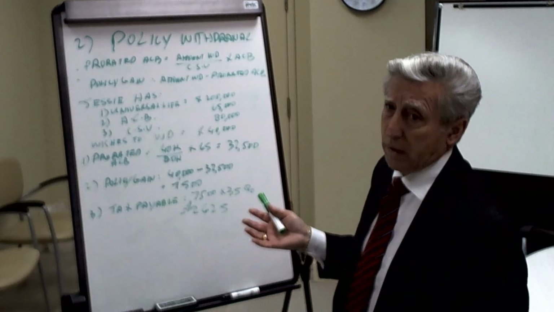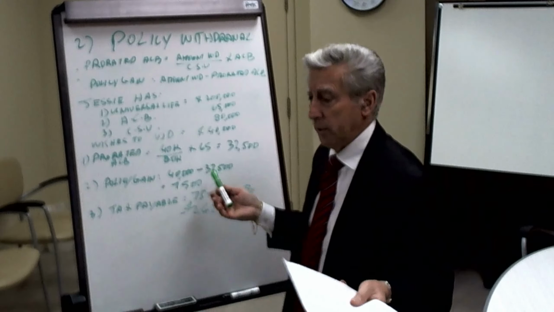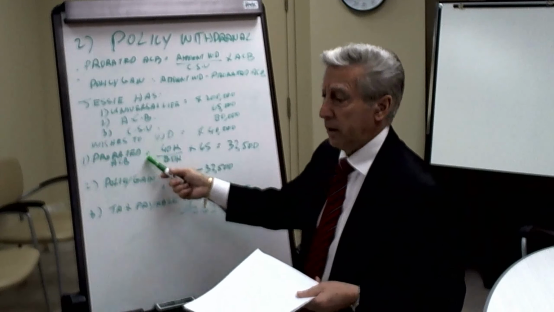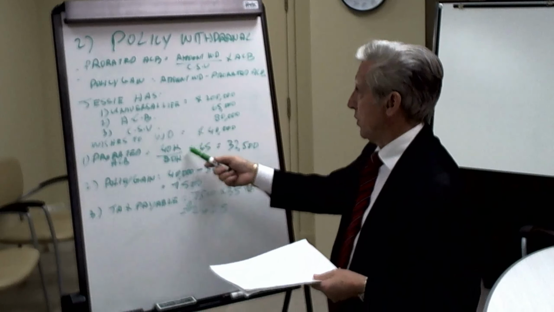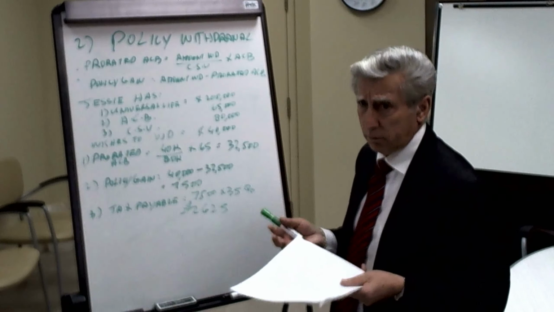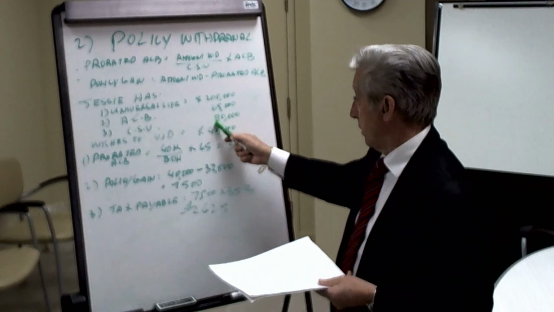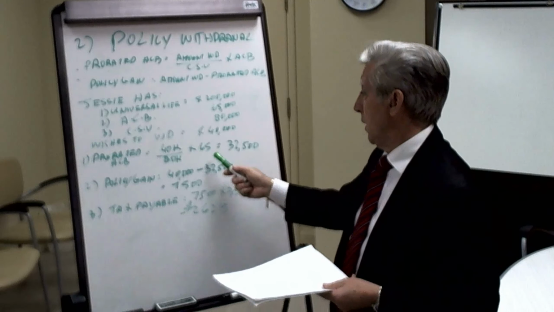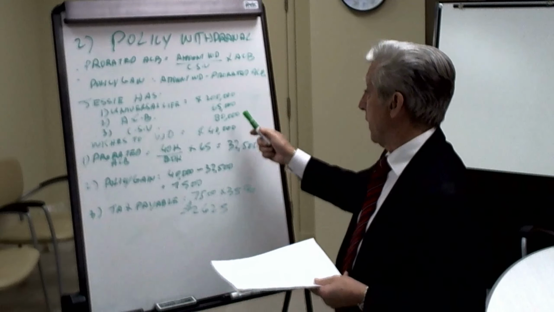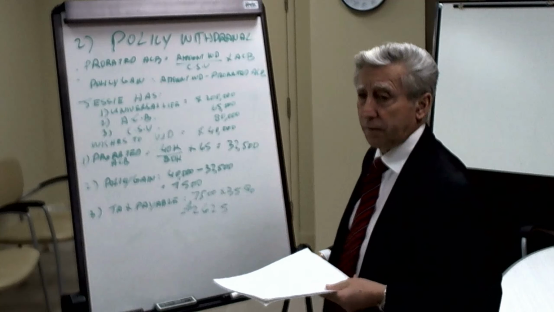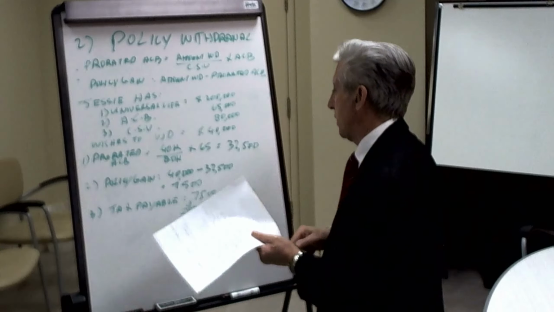So as I said, the very first thing we have to do is calculate the prorated ACB. In this case, the prorated ACB is $40,000, which is the amount of money she actually wants, divided by the original CSV, which was, remember, $80,000, times the original ACB, which was $65,000.